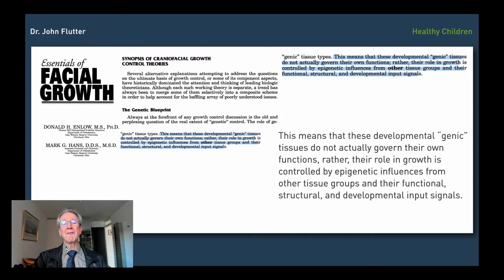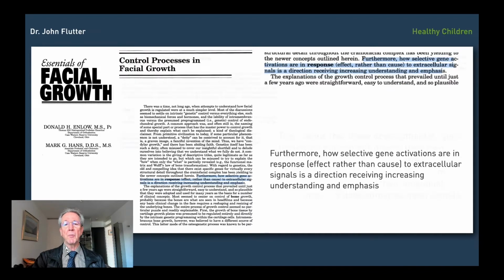Most children have the genetic potential to grow perfectly developed bones with well-aligned teeth. Whether they do or do not is often referred to as whether the genes are turned on or turned off to do particular functions. That's the epigenetics. Some genes can be turned on and some genes can be turned off, and that can change actually in some treatment plans, but I don't want to get too much into that.